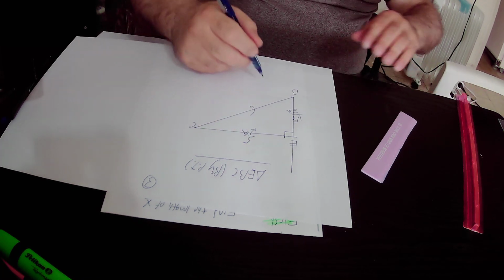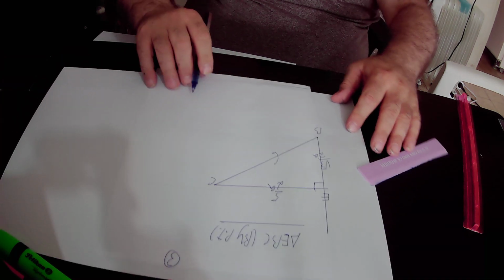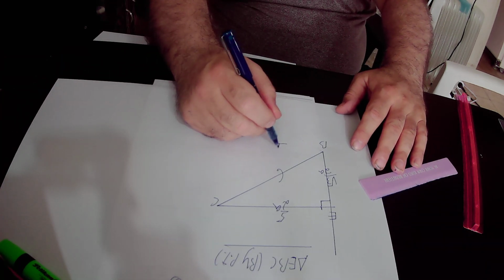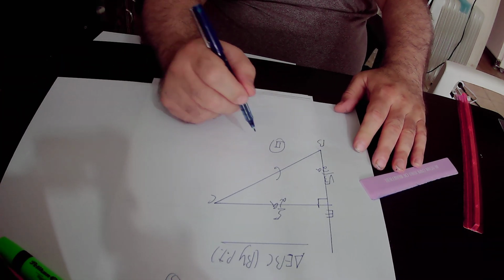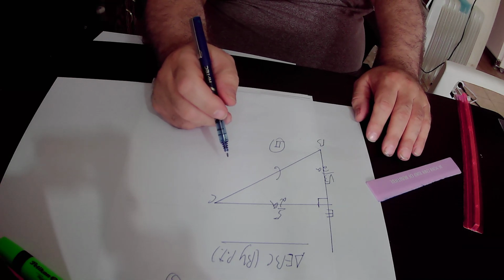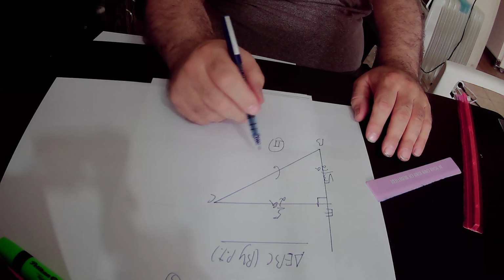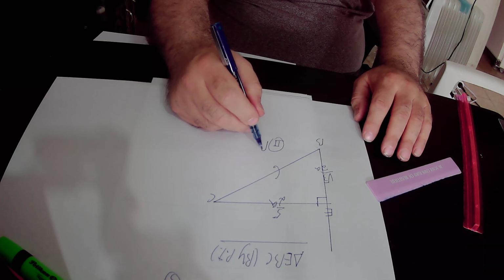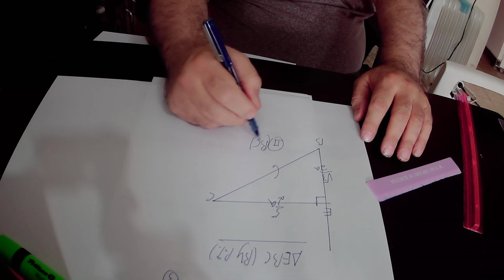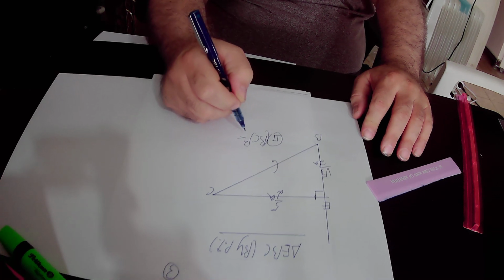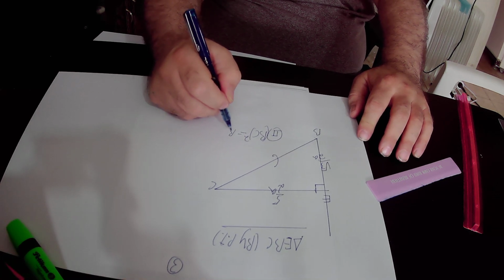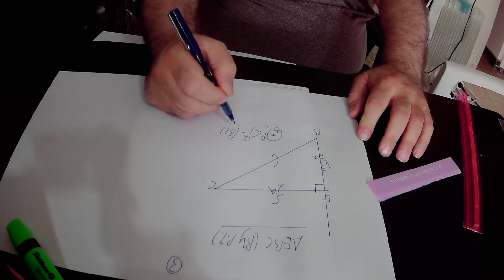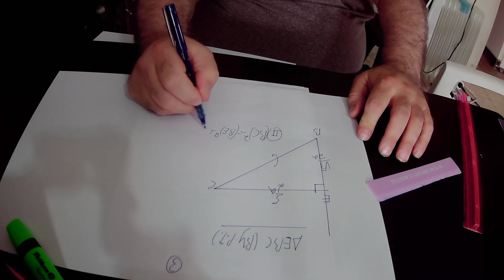We will get that according to equation number 2, the square of the hypotenuse equals the sum of the squares of the perpendiculars. The hypotenuse is BC. Therefore, the square of the hypotenuse is BC squared, and it must be equal to BE squared plus EC squared.